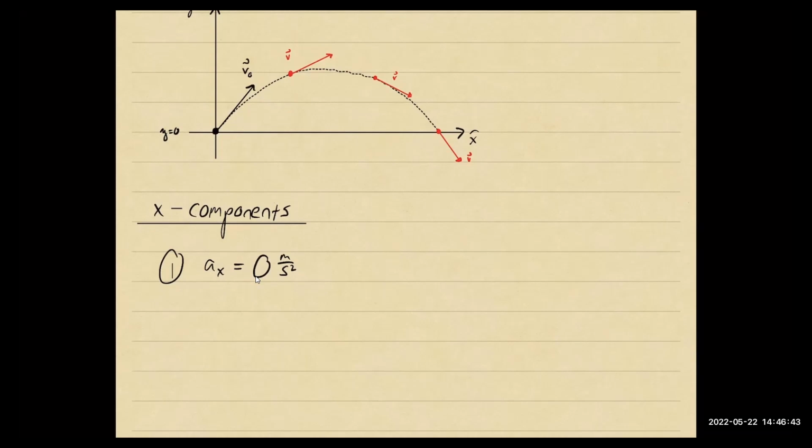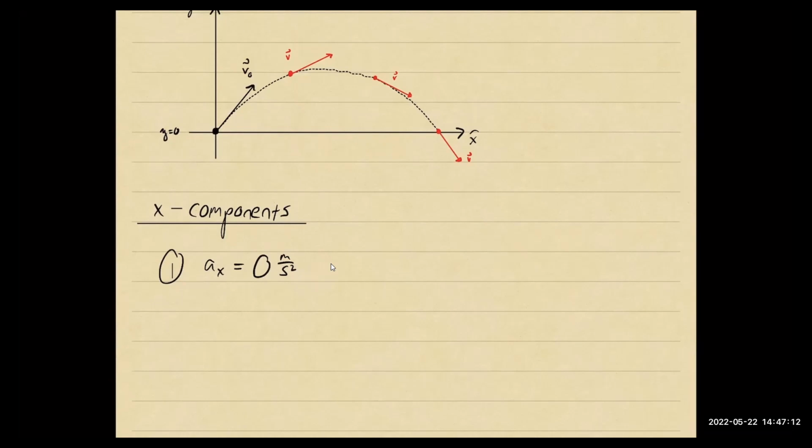We're pretending like Earth doesn't have an atmosphere, so that's not really physical. In more complicated treatments of projectile motion, you can add that back in, and then the x component of our acceleration wouldn't be zero, but in this course we're not going to see that. So whenever you're dealing with a projectile motion problem, you can safely assume that the x component of our acceleration is zero. That's one of the first things we need to know.